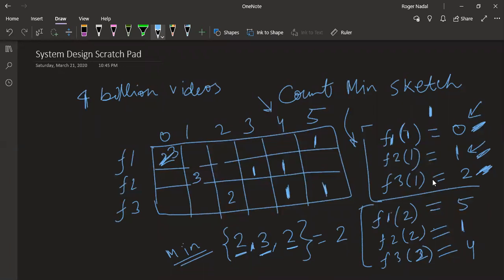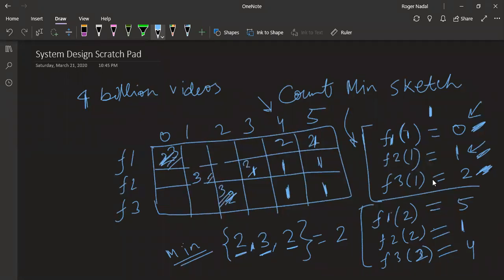Okay. Video 5 came. So video 5 also didn't change everything. It just changed this value to 3, this value to 2, and this value to 1. But already at this point of time, if you look at your value for video 1, everything is now 3.